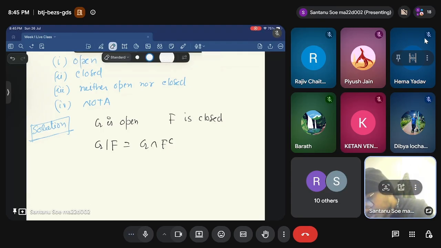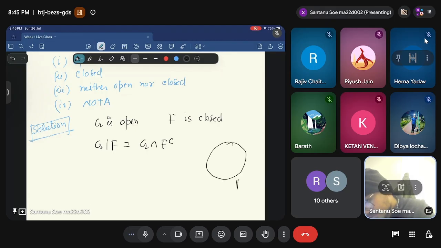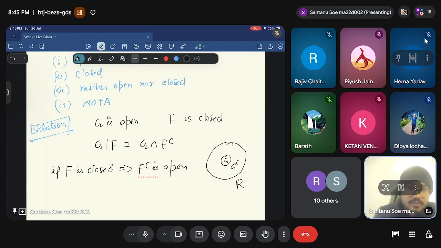So if this is the set R, this is G, then this is G complement. Now as I stated earlier, if a set is closed, its complement is open. So if F is closed, this will imply F complement is open. And we know that the intersection of two open sets is open, correct?